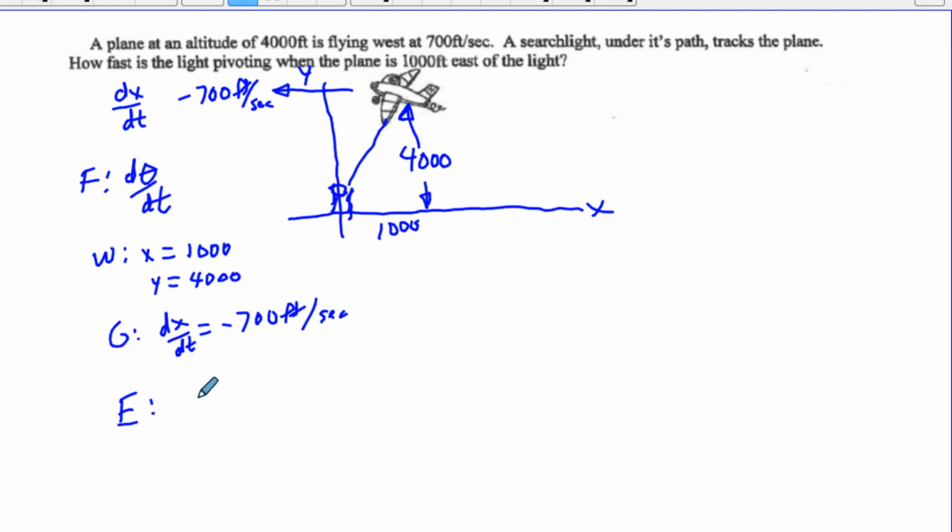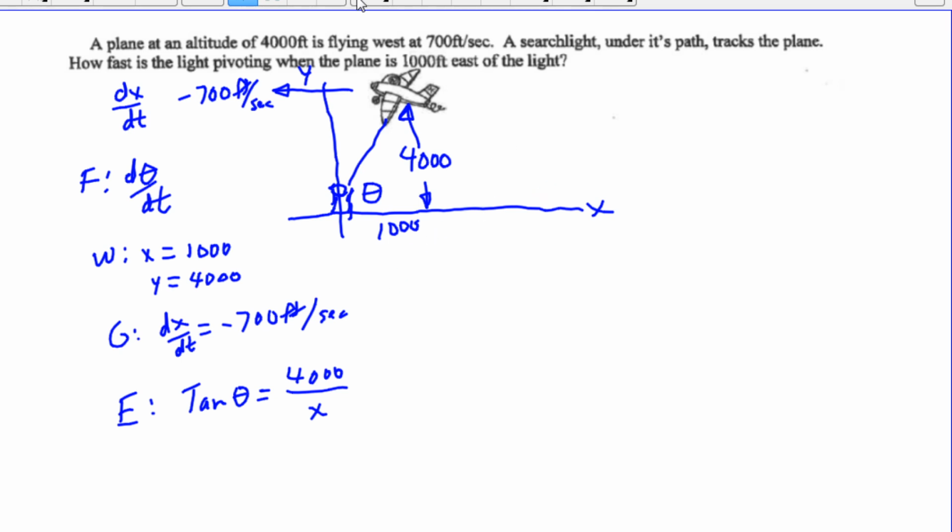So we have tangent theta, because we'll say this is theta right here. Tangent theta equals our opposite side, which is 4,000, over x, right? Over x.